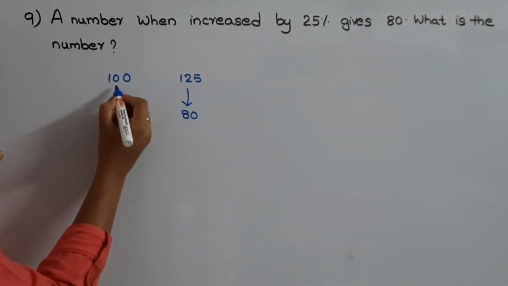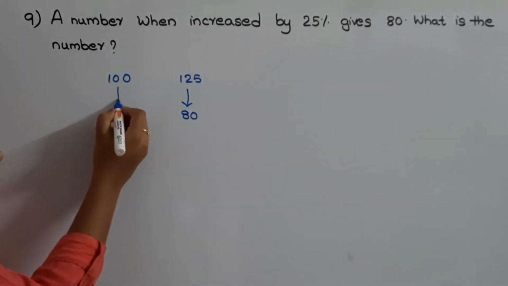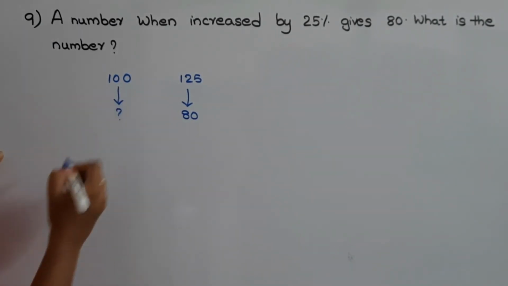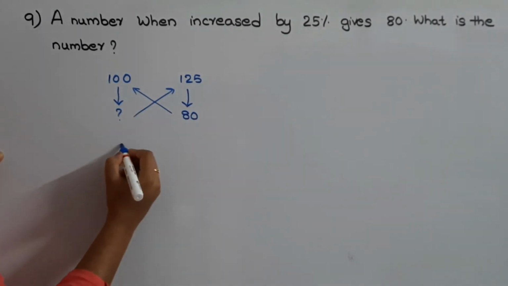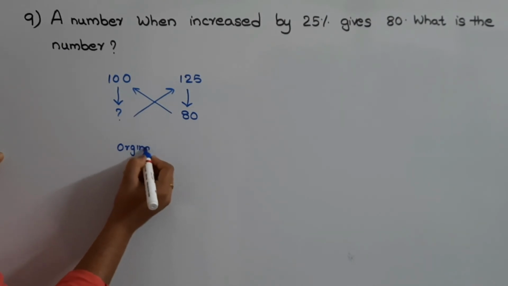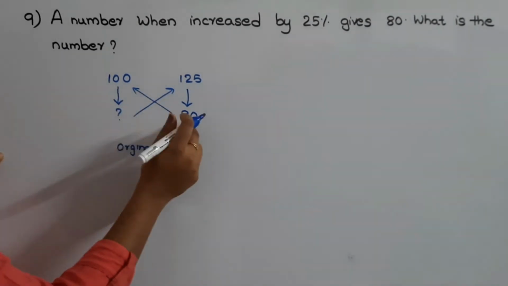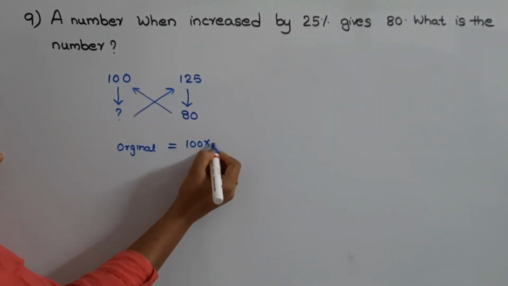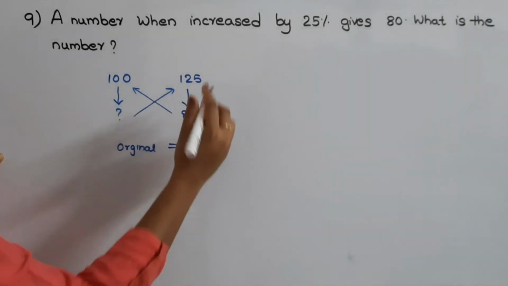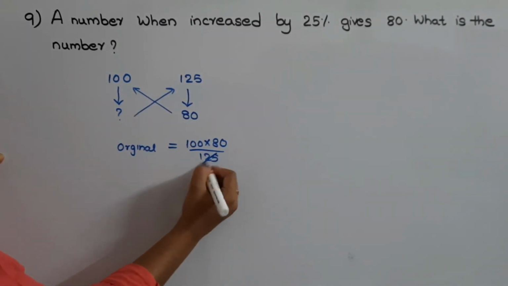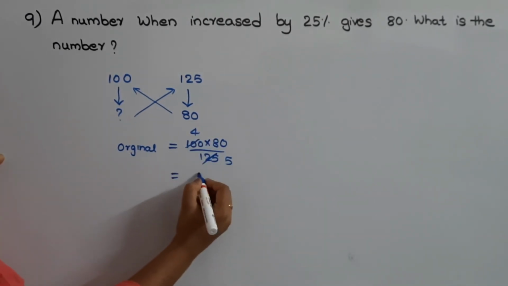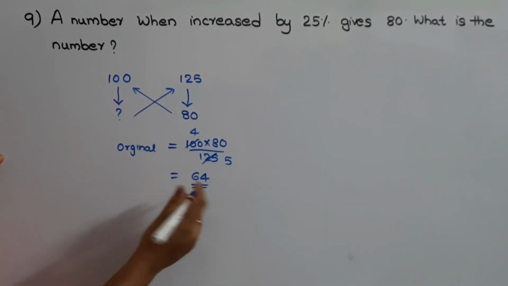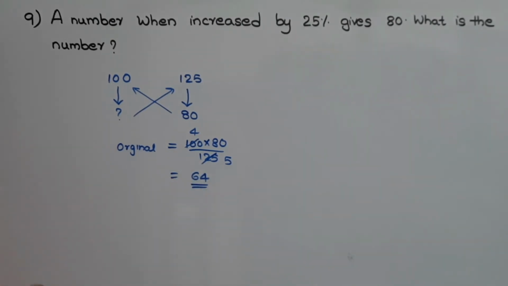We need to find out the value of this 100. This we can find out by cross multiplying. So the original number will be equal to 100 into 80 divided by 125. On solving this you will get the answer as 64. Okay, so the original number is 64.